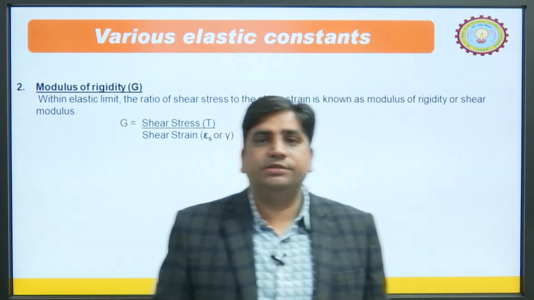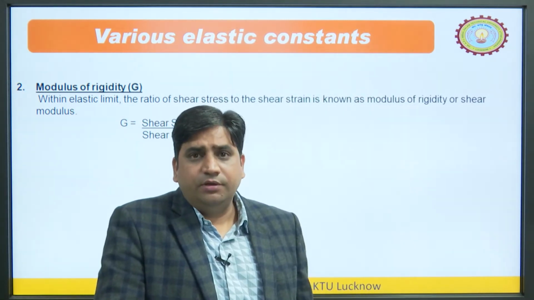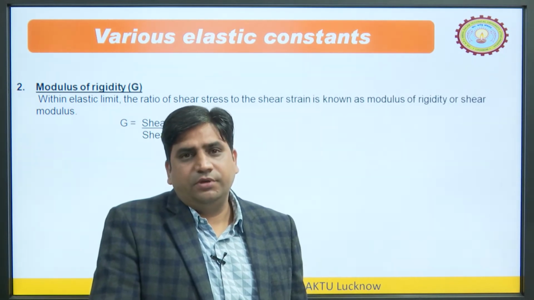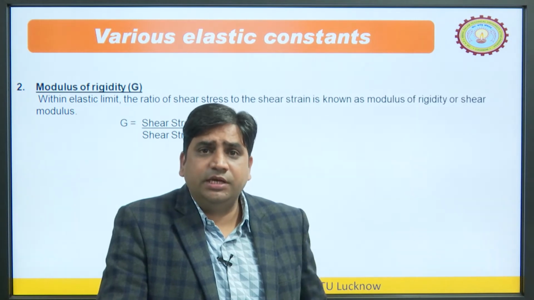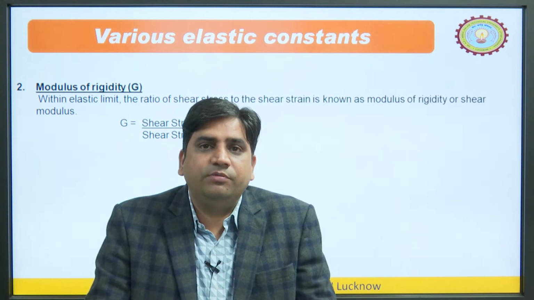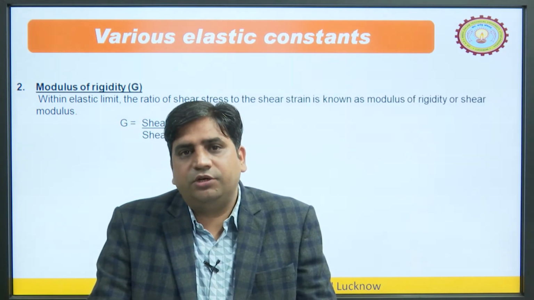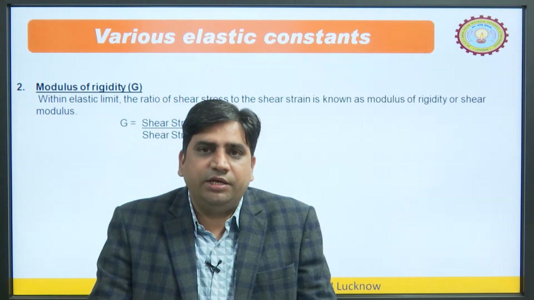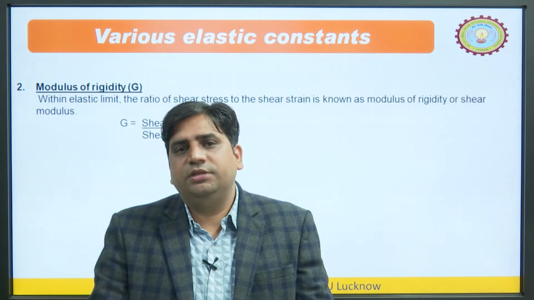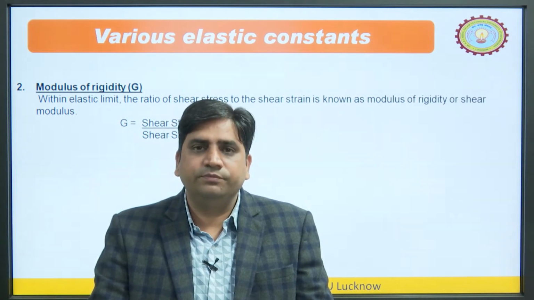The second elastic constant is modulus of rigidity. It tells how rigid the object is. In many designs we need our object to be rigid; it should not be allowed to change its shape. In classical mechanics generally we assume that all objects, irrespective of size, are rigid bodies, but in actuality they are not.